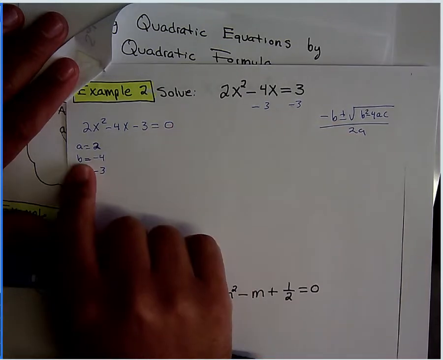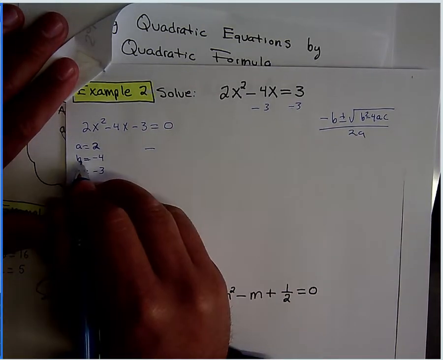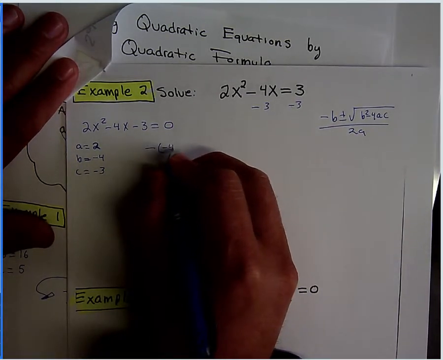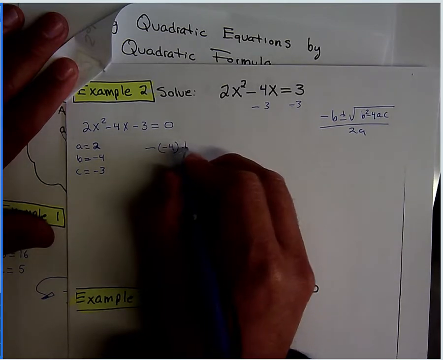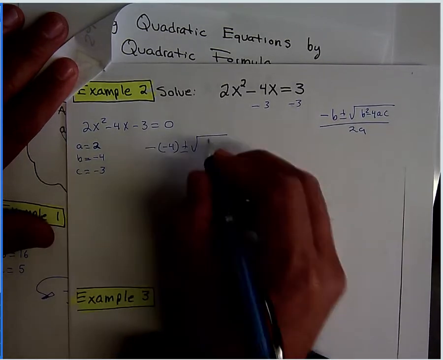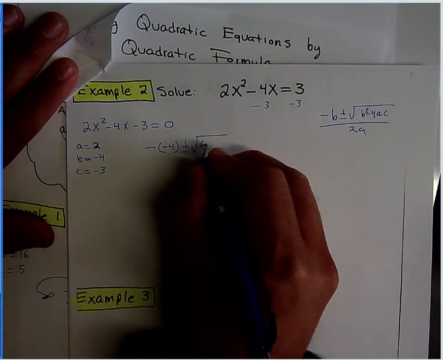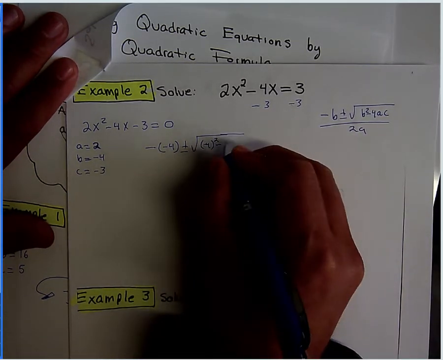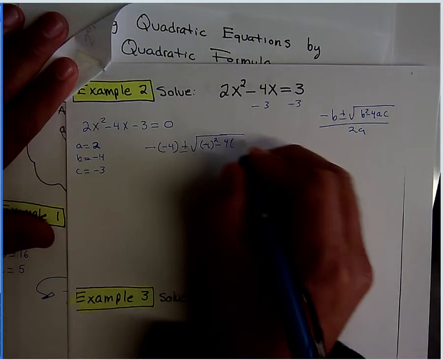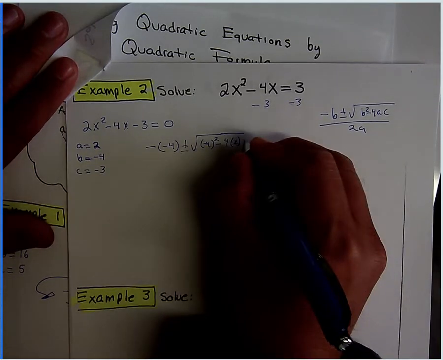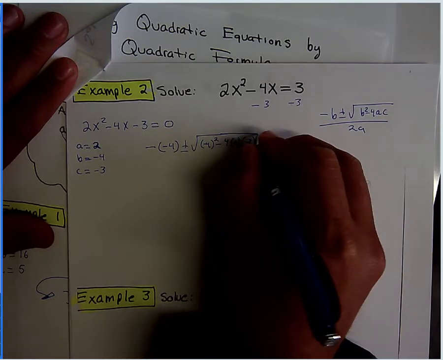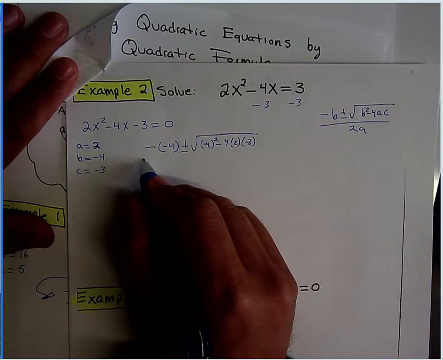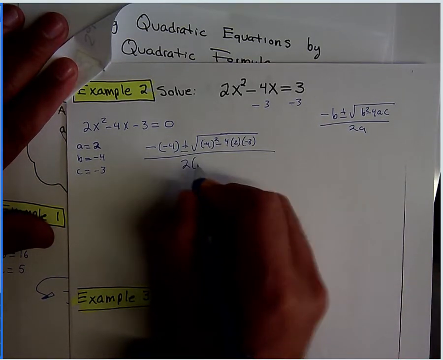So negative b would be negative, and b is already a negative, so you get double negatives, plus minus. So make sure you put that negative in parentheses and square it. Minus 4 times 2 times negative 3, over 2 times 2.